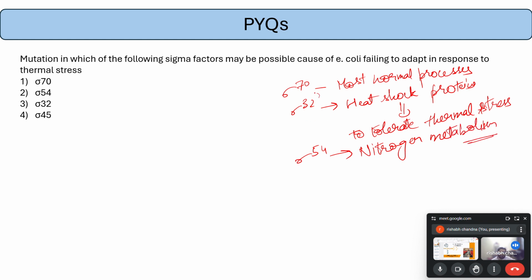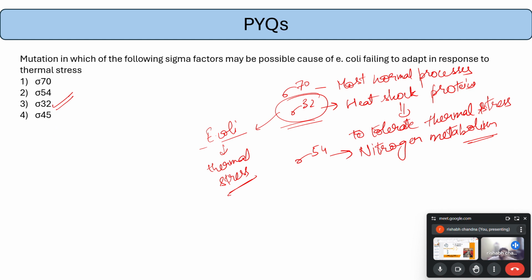Okay, so if sigma 32 is mutated, then the E. coli will fail to adapt in thermal stress. So the correct answer is sigma 32 only, like the last question.